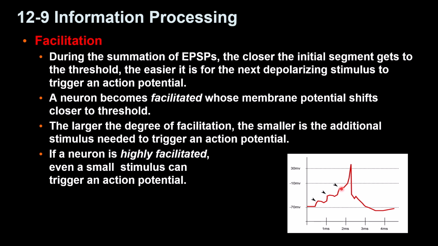Once it gets to here, this is called facilitated. So what does it mean? It means an increased chance of having an action potential if you have another stimulus. If the threshold is here, and this is so close to the threshold, a small stimulus will go above the threshold and cause an action potential.